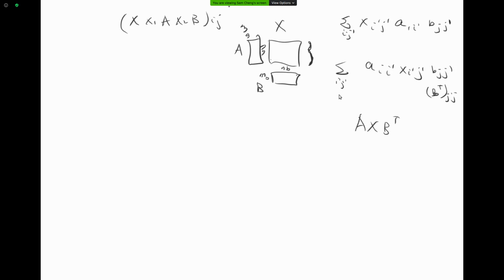And the mode 1 matricization of Y is actually just itself. If I remember what mode 1 matricization is, I just stack all the column fibers into a matrix. And of course, if I stack all the column fibers of a matrix into a matrix, it's just itself.